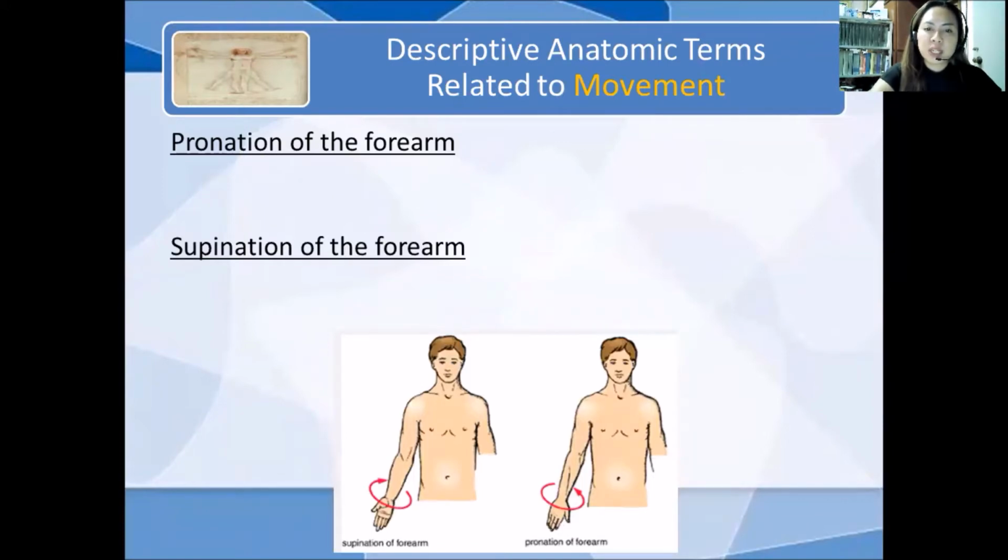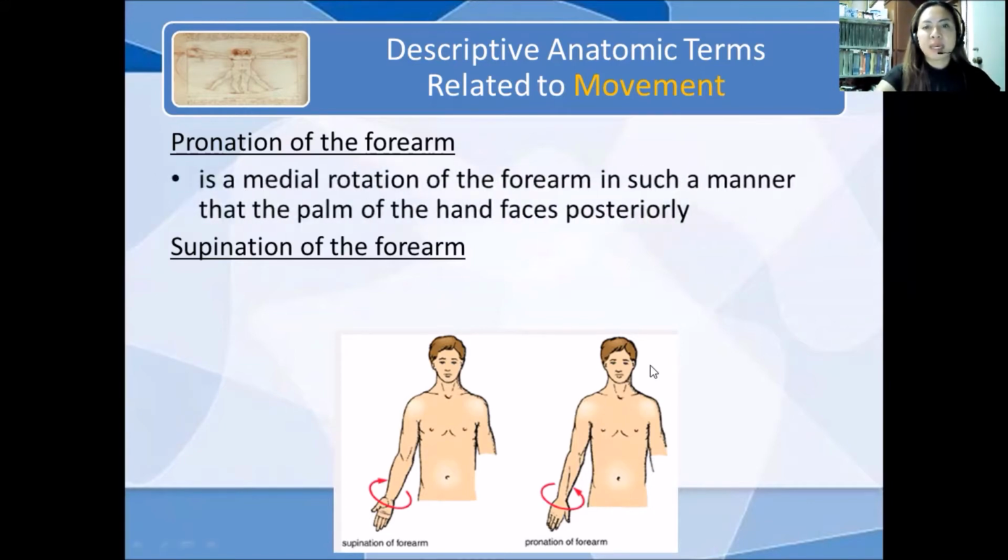How about pronation and supination? If we say pronation of the forearm, what do we mean by that? This is the medial rotation of the forearm in such a manner that the palm of the hand faces posteriorly. Okay? So that is pronation.